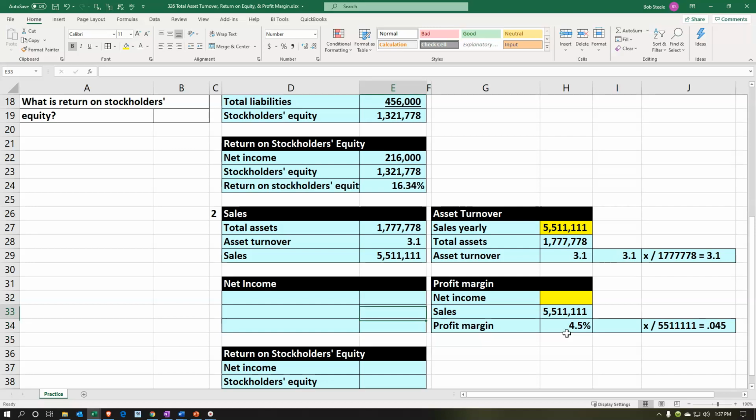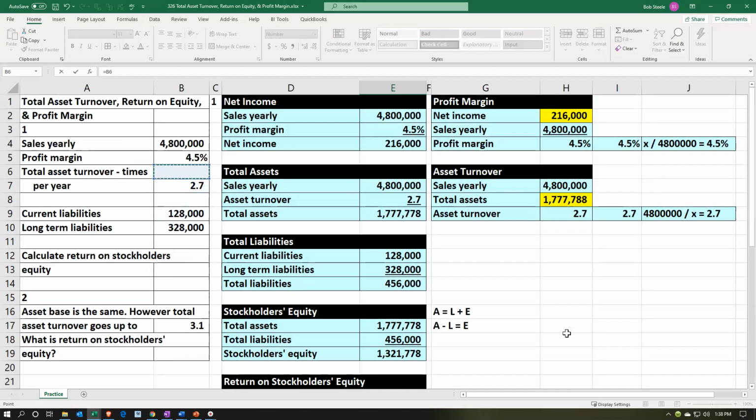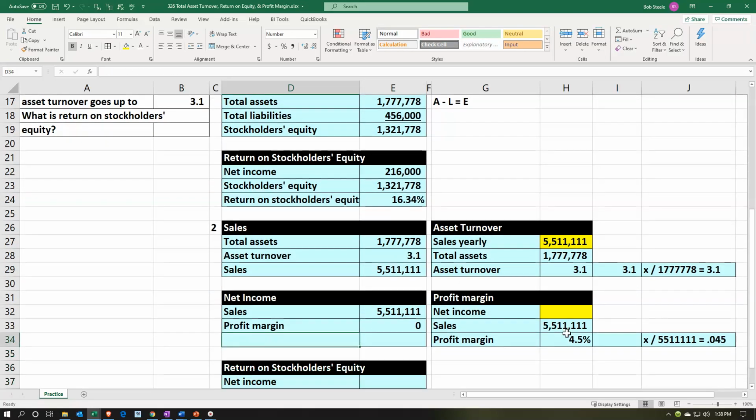If we wrote it down vertically, and we should be able to start to see this vertically, saying, okay, if I know the sales are the 5,511,111 and so on and so forth, and I know the profit margin being equal to the 4.5, making that a percent.